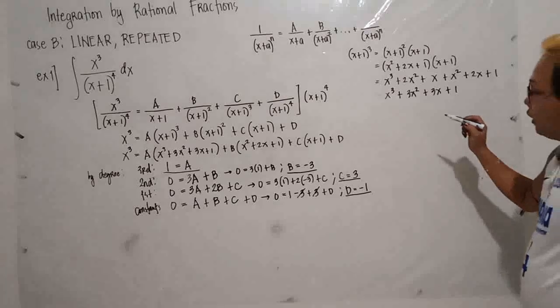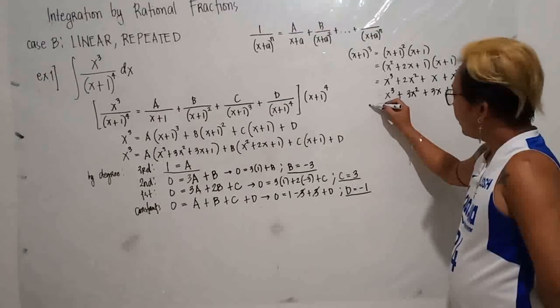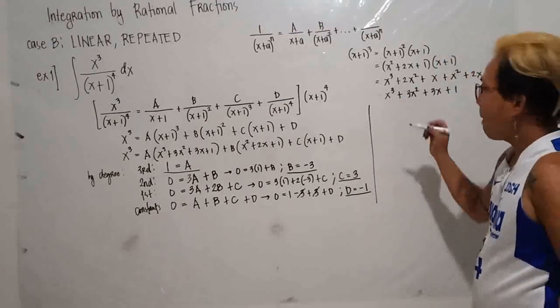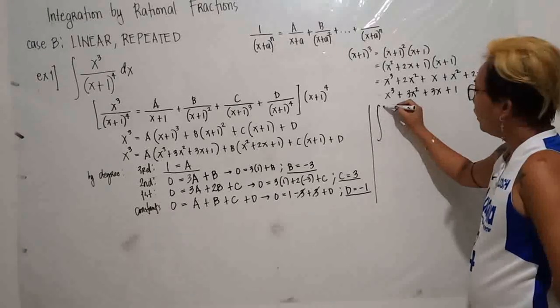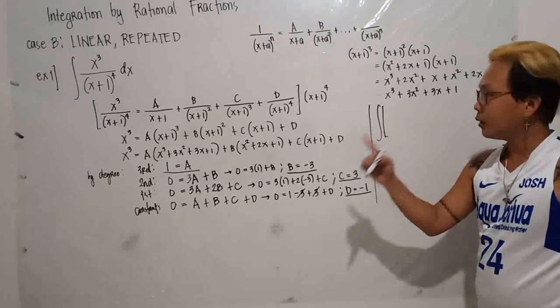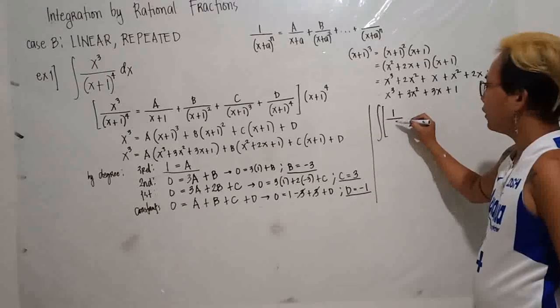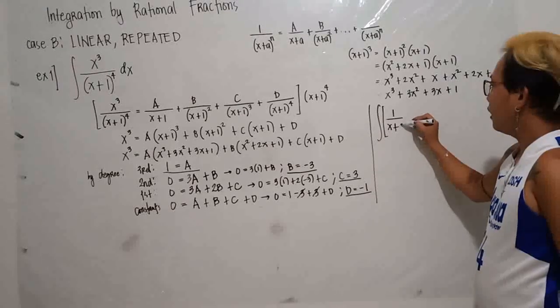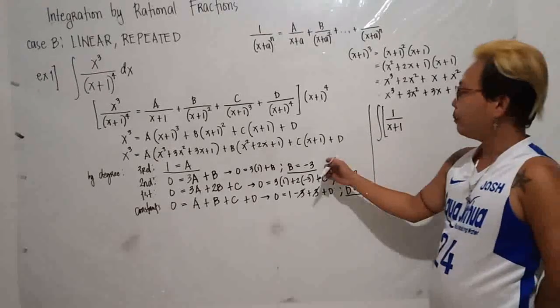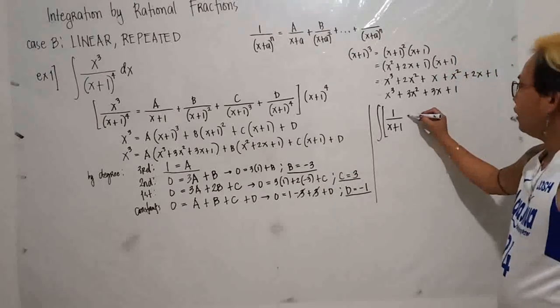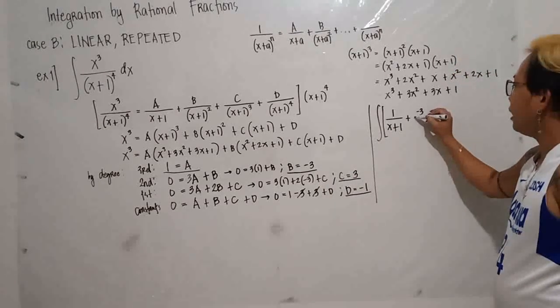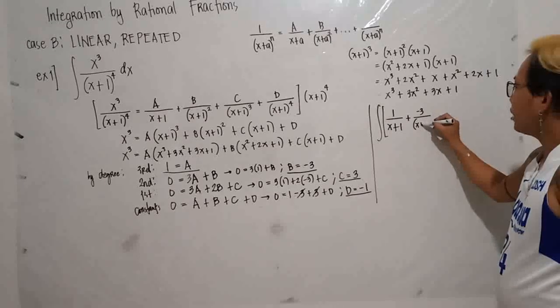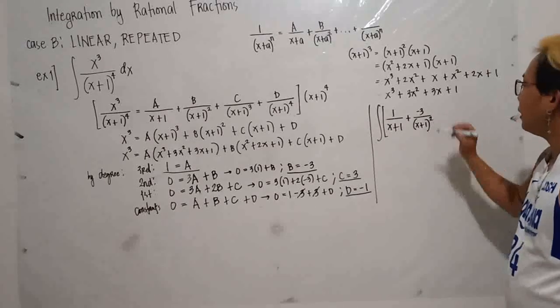So, we will now have an equation of integral of a, which is 1. So that's 1 over x plus 1. Then for the b, you will have negative 3. So plus negative 3 over x plus 1 squared.